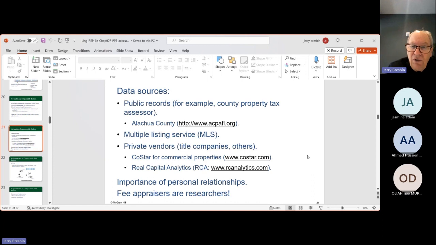The only difference between those databases and the actual MLS systems that serve a particular community is that the MLS is more accurate and up to date. Once a price is changed, once something changes in the conditions of a home, it appears first in the MLS system. All realtors, agents, have access to the MLS system. They're paying for it.